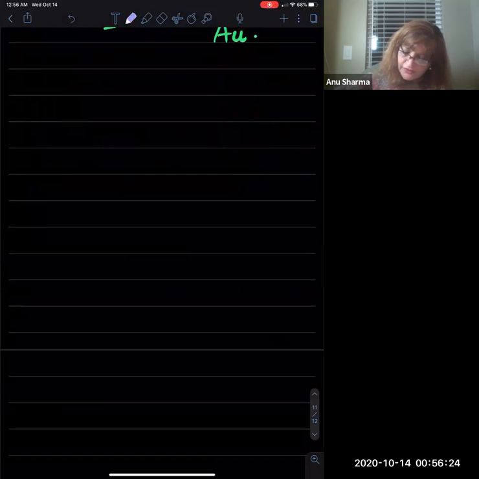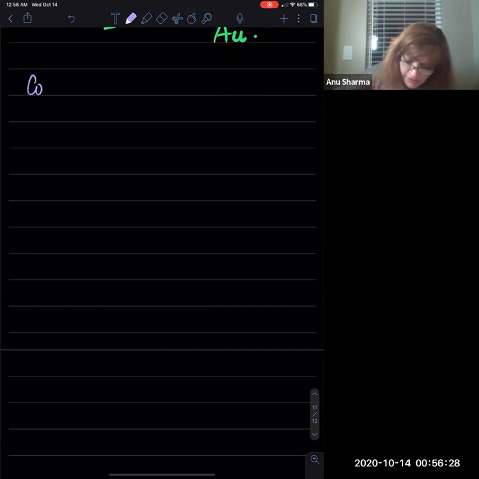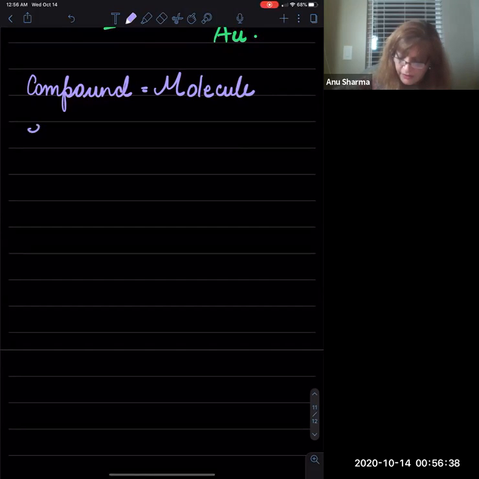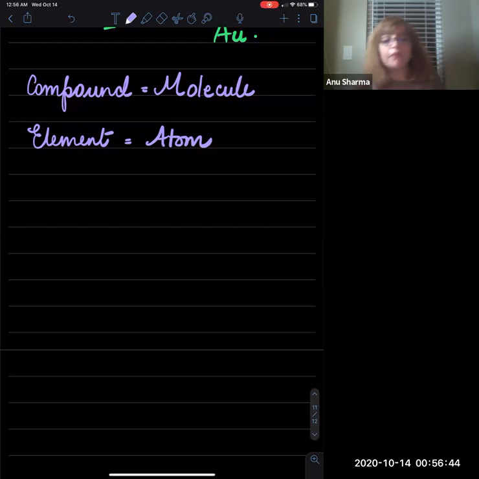In other words, a compound. When we talk about a compound, it means that now we are looking at the molecule. Remember that when we talk about an element, the smallest unit of the element is the atom. But when we talk about a compound, we talk about the molecule.